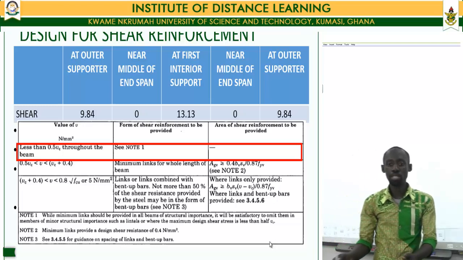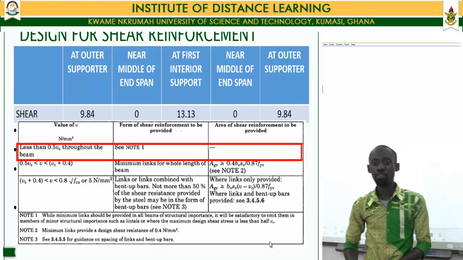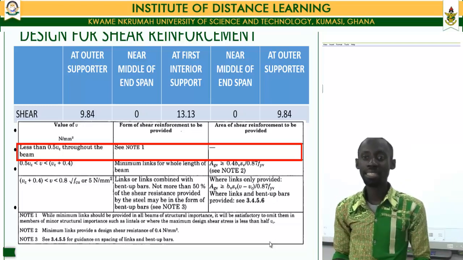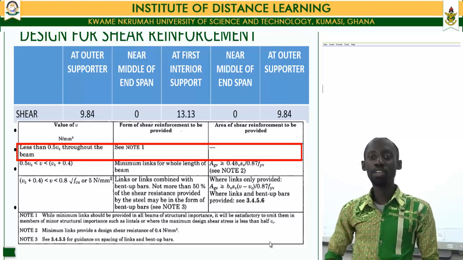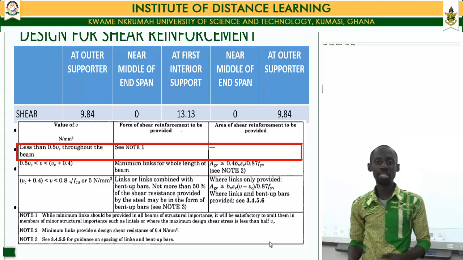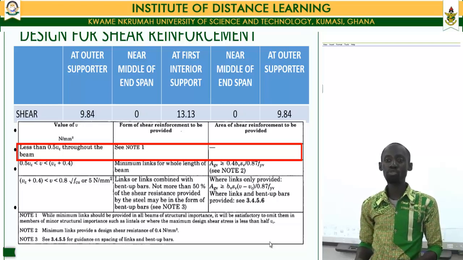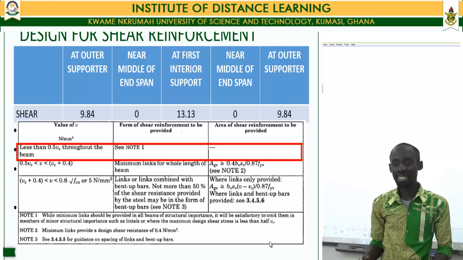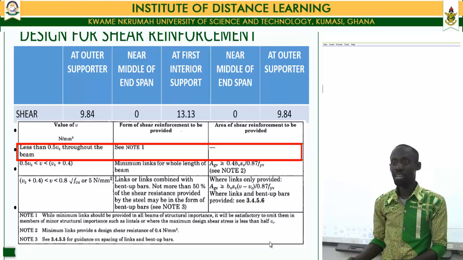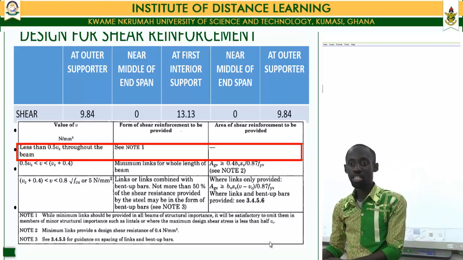Now, going to the provisions in the BS code for our shear reinforcement, it says that if we have our shear stress having a value less than 0.5 of our shear capacity throughout the beam, then in beams of non-structural significance, shear reinforcement can be omitted, and such beams include our lintel beams.